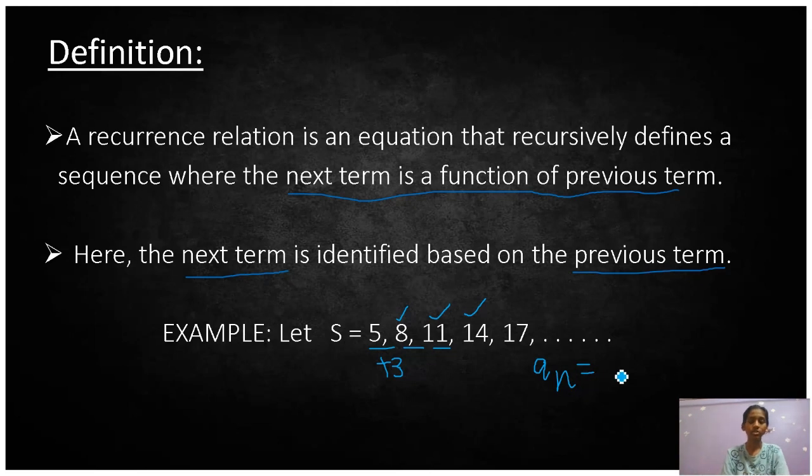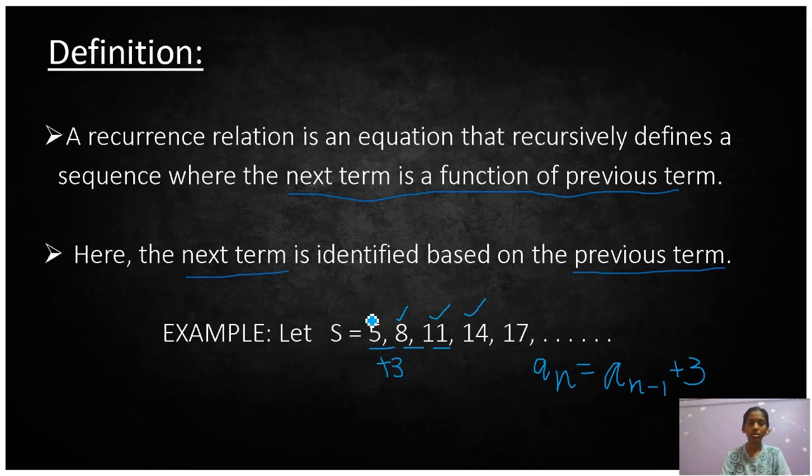So what is the previous term of an? It is an minus 1. By adding 3 to an minus 1, we get the next term an. So we can say that an = an-1 + 3 is the recurrence relation obtained for the given example S is equal to 5, 8, 11, 14 and 17.